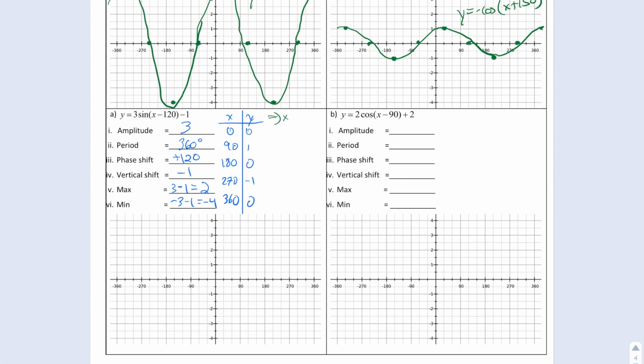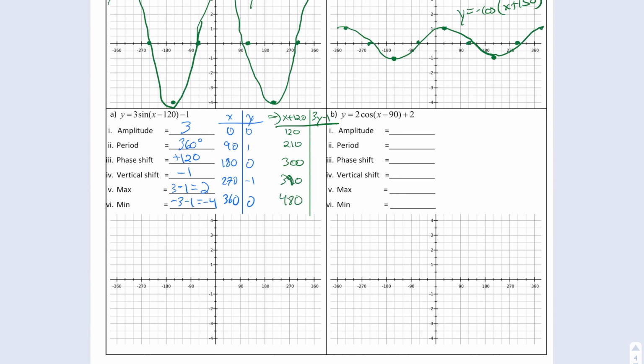And then my transformation, so it's going to create something where I've got x plus 120. And the y is times 3 and then -1. So I'll add 120 to each of these. So I'm going to get values that are way off the graph, but that's okay.